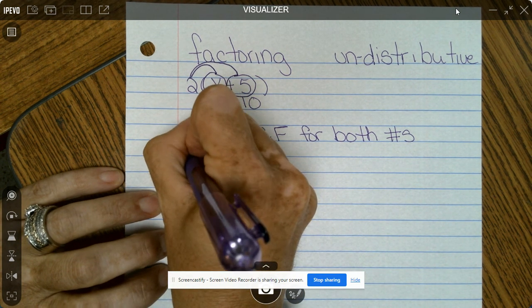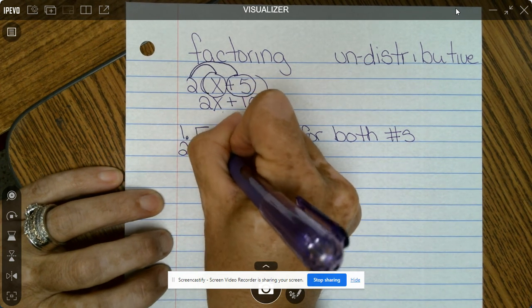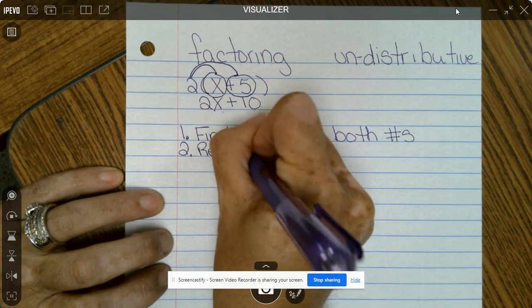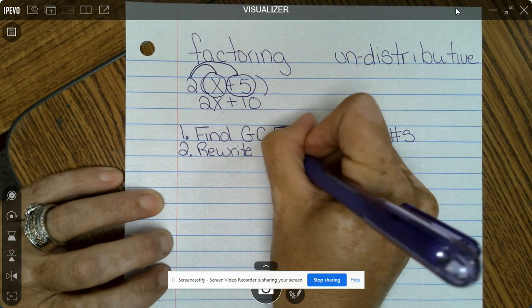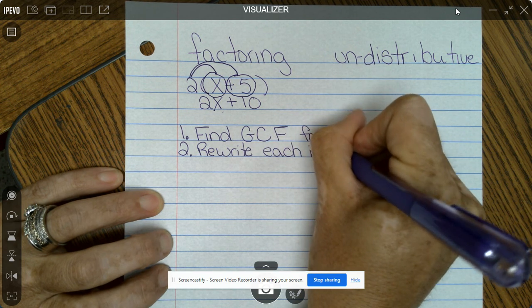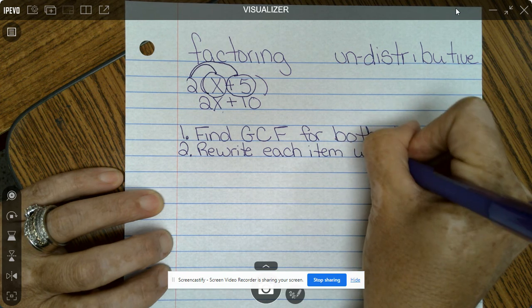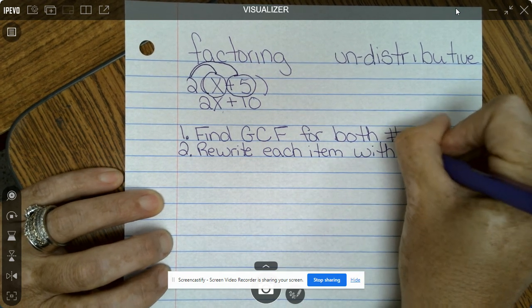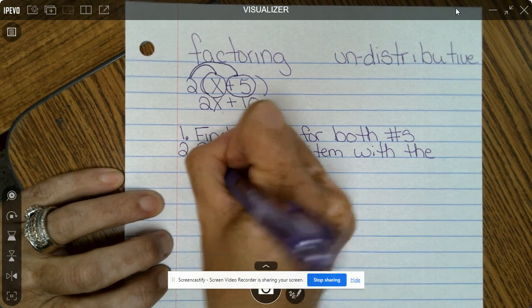The second thing you're going to do is rewrite each item with the greatest common factor.